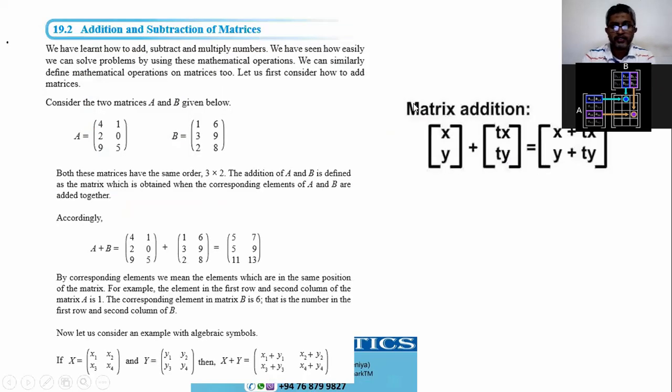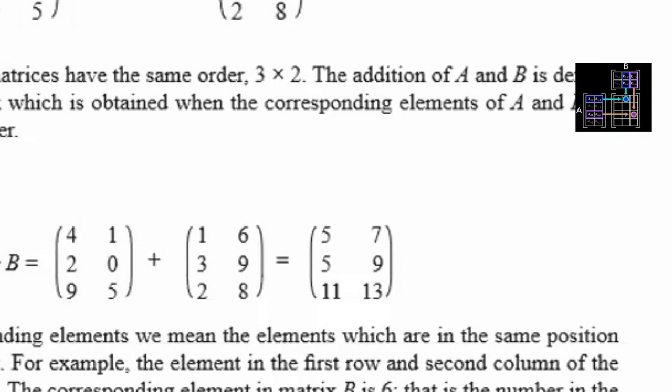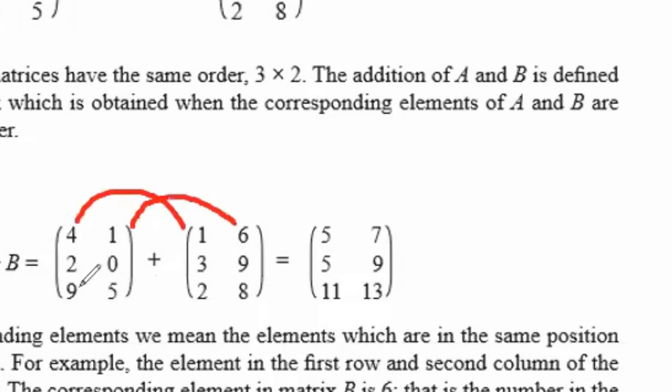Good. Addition and subtraction of matrices, same like that. Now in this, we are just directly adding. Let's say we have two matrices, one is this one, another one is that one. Adding these two means you will just keep adding, that's all. So if I want to add A and B, you keep adding first with first, second with second, like this. 4 plus 1 is 5, 1 plus 6 is 7, nothing else.